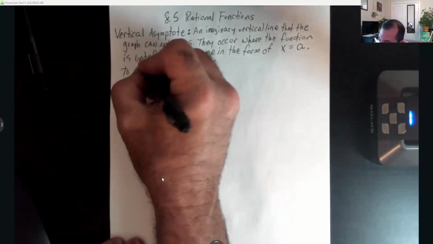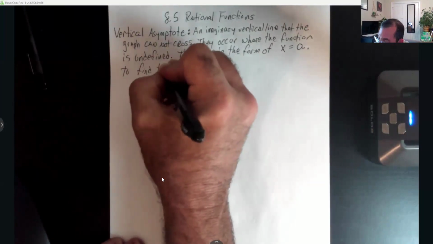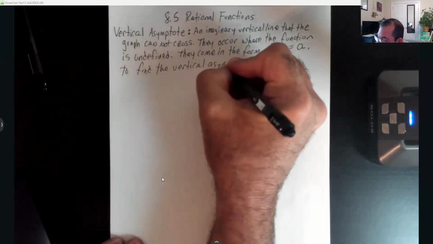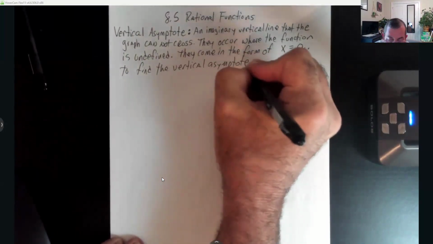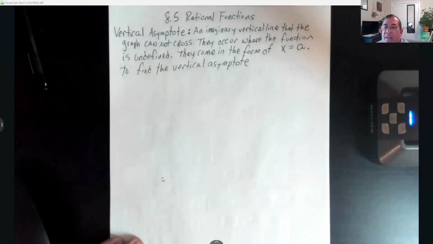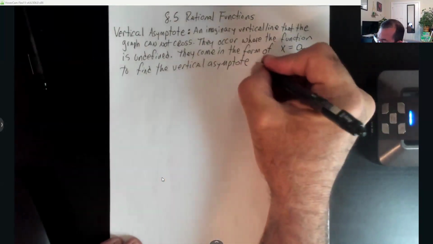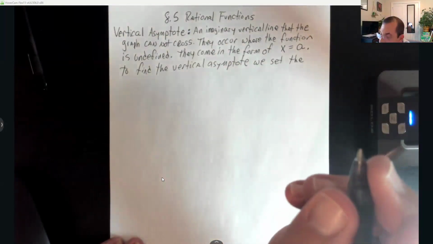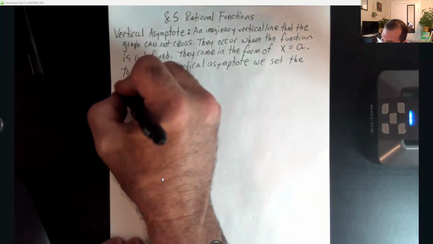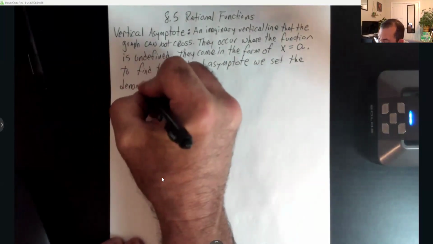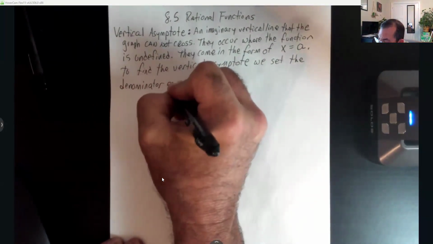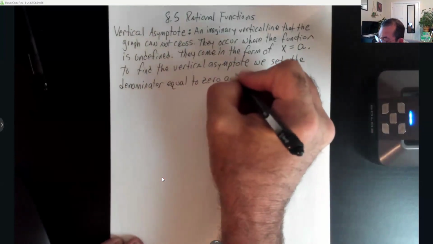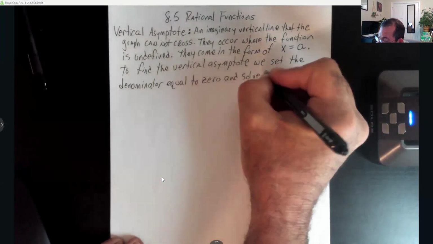So to find the vertical asymptote, we set the denominator equal to 0. The same thing as the domain, right? We set the denominator equal to 0 and solve for the variable.